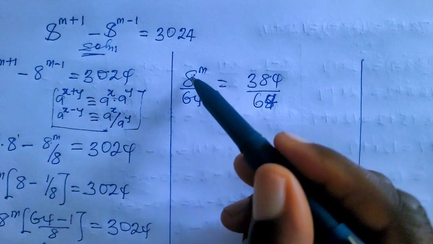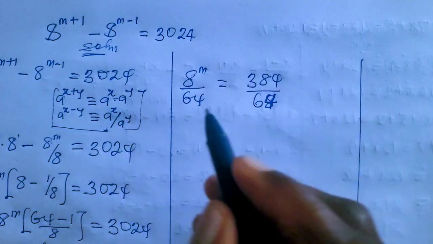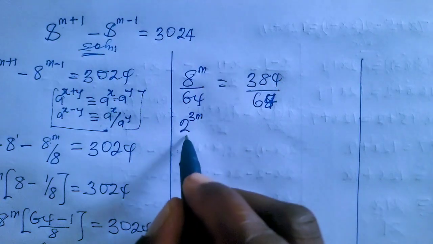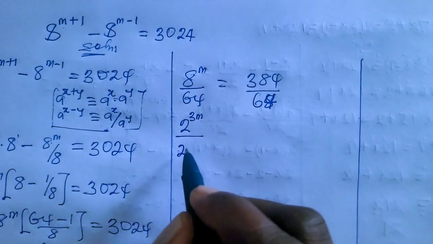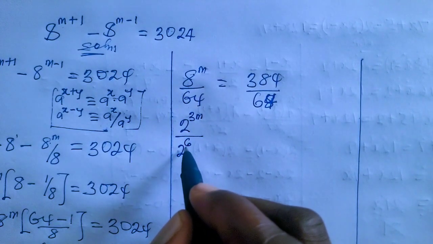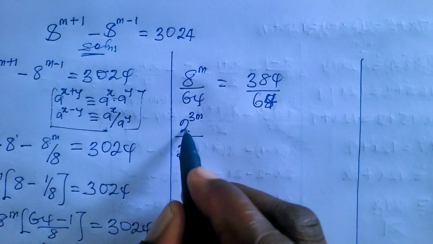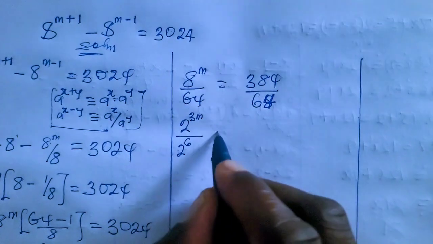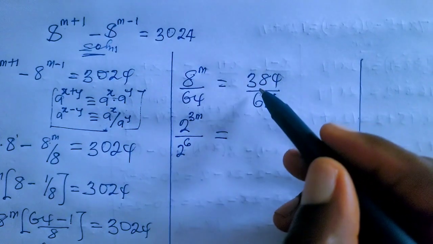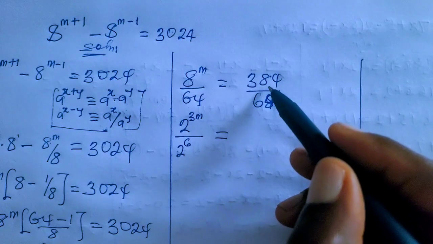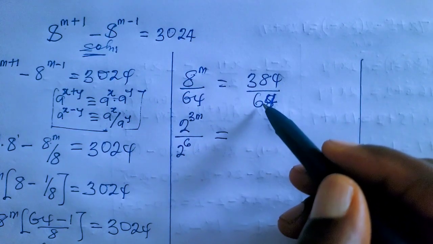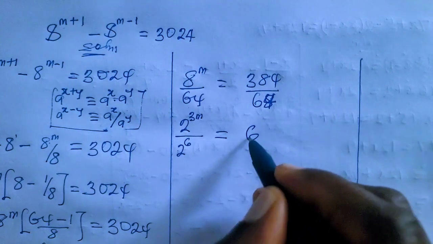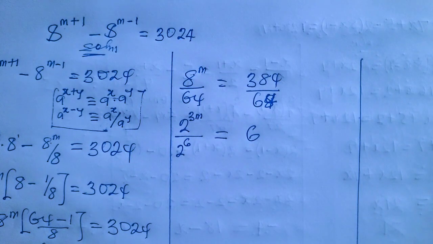Then I'm going to take this to base 2, and I'm going to have 2 to the power of 3m all over 2 to the power of 6, that gives 64, since 2 to the power of 3 gives 8, then multiply by m, that gives 2 to the power of 3m, and the whole of this equals 384 divided by 64, that gives exactly 6.